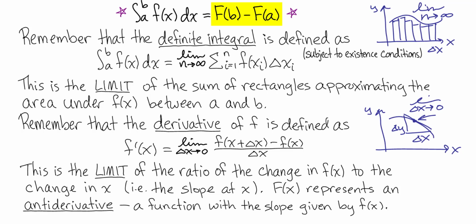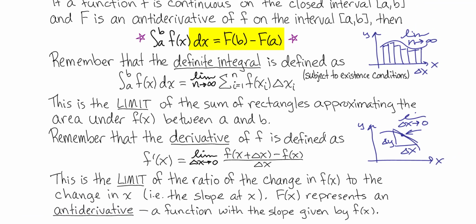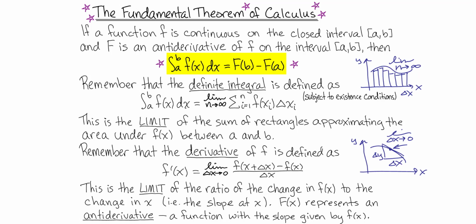Capital F in the fundamental theorem of calculus represents an antiderivative. It's a function with the slope given by little f. The fundamental theorem of calculus links these two ideas together. It links the area problem with the slope problem.